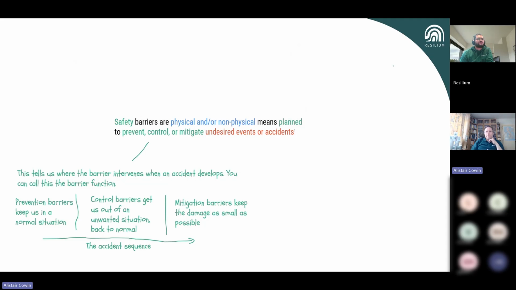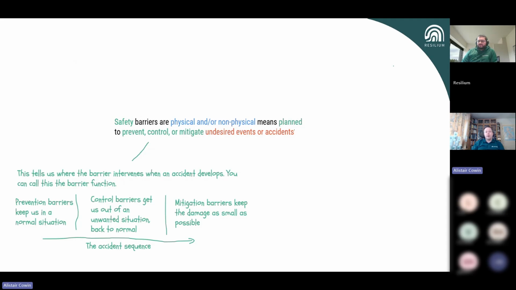And again, prevent, control, or mitigate, I think this is really key, is as the accident sequence develops, we have our prevention barriers. These are the absolute gate guardians of what we're trying to use and the control of our operations. Then we have our control barriers, the ones that are on the right-hand side of the diagram, that get us out of the unwanted situation.